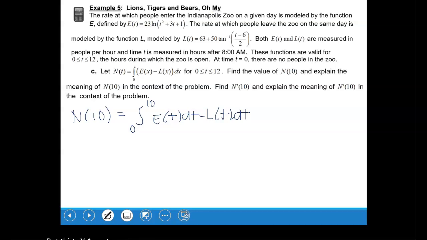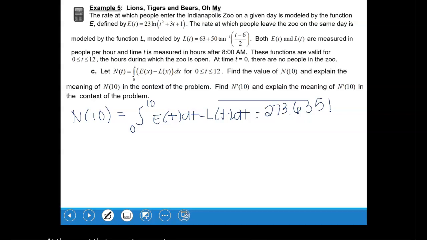And I get 273.6351. So what does N of 10 represent? It represents the total number of visitors at the zoo at that current moment, right? Because it's the people who have entered minus the people who have left.